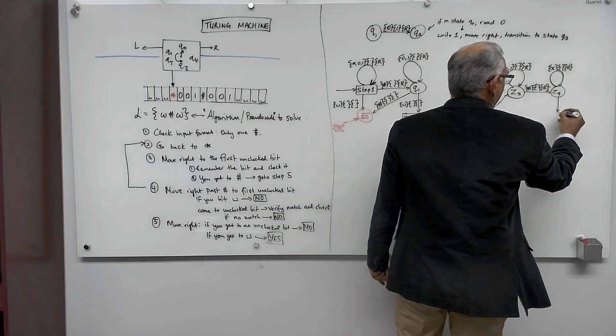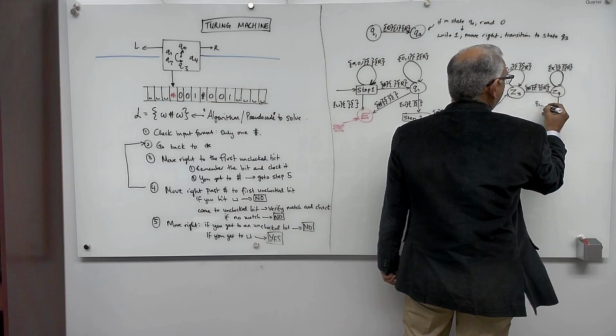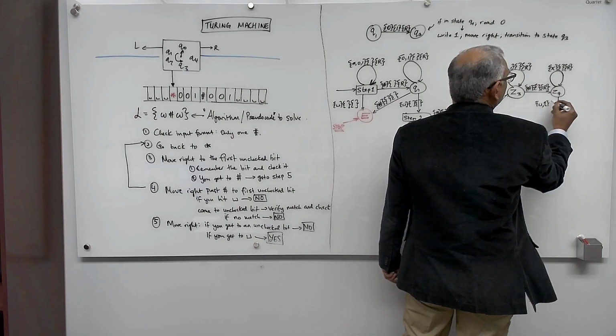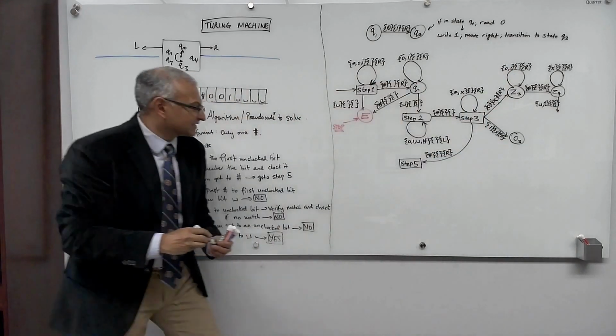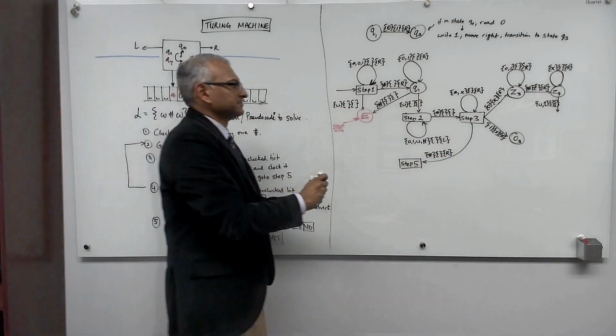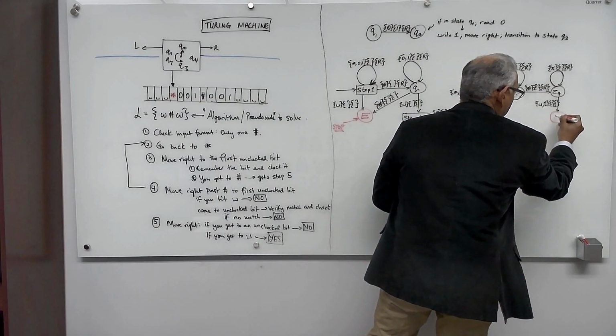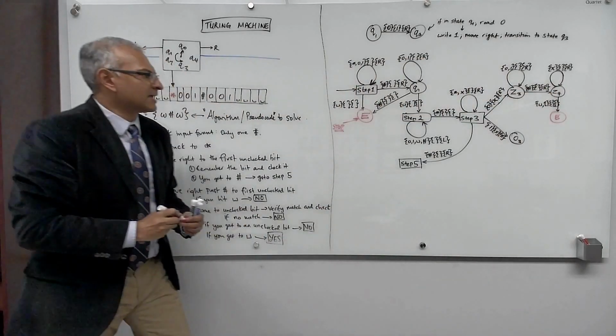If I come to blank or 1, I don't need to do anything. I don't need to move. I can stop and reject. Error. Stop and error.